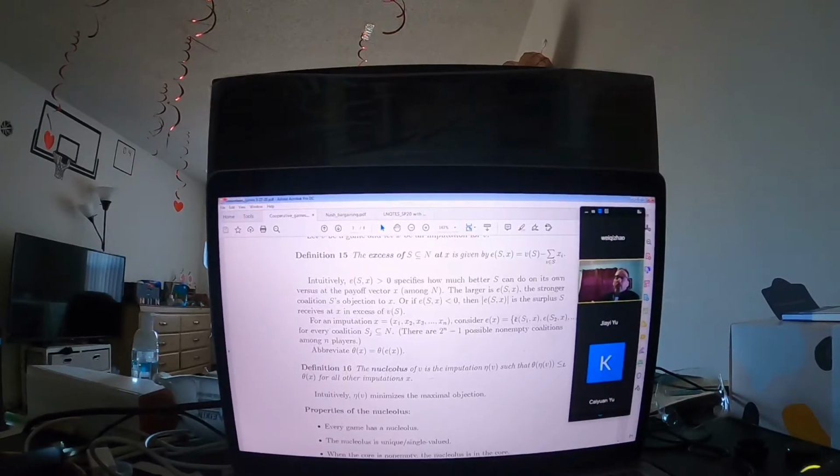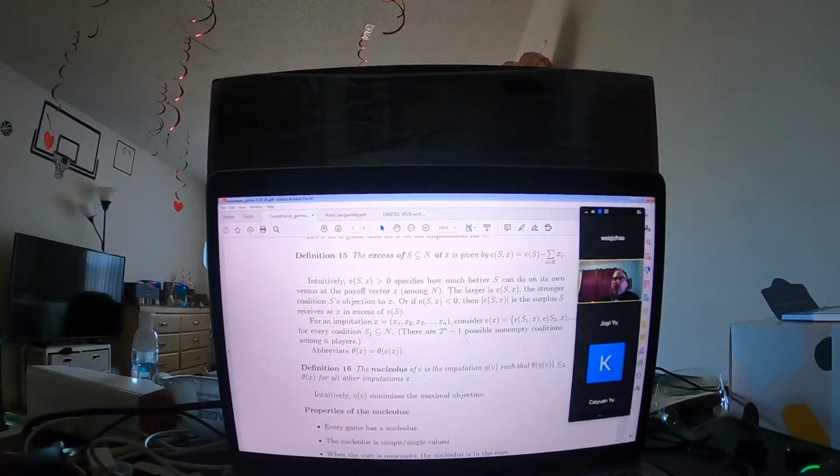What we're going to do is consider every coalition, and see what their objection is, what their excess is to this particular recommendation for that coalition. So this is the excess of coalition S1 at X, the excess of coalition S2 at X, and we're going to list out all 2 to the n minus 1 of these excesses. Then what I want to focus on is to look at this list and rearrange them from highest to lowest.